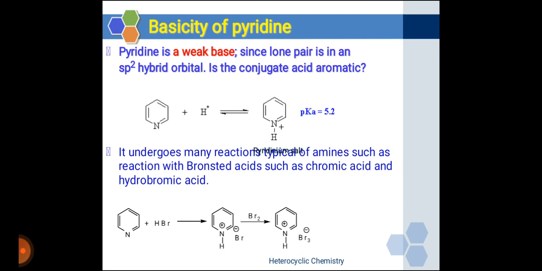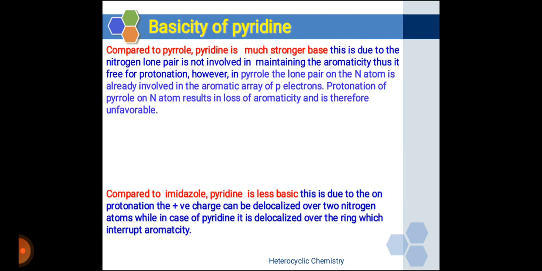Compared to pyrrole, pyridine is a much stronger base. This is because the nitrogen lone pair is not involved in maintaining the aromaticity, thus it is free for protonation. However, in pyrrole, the lone pair on the nitrogen atom is already involved in the aromatic array of pi electrons. Protonation of pyrrole on the nitrogen atom results in loss of aromaticity and is therefore unfavorable.